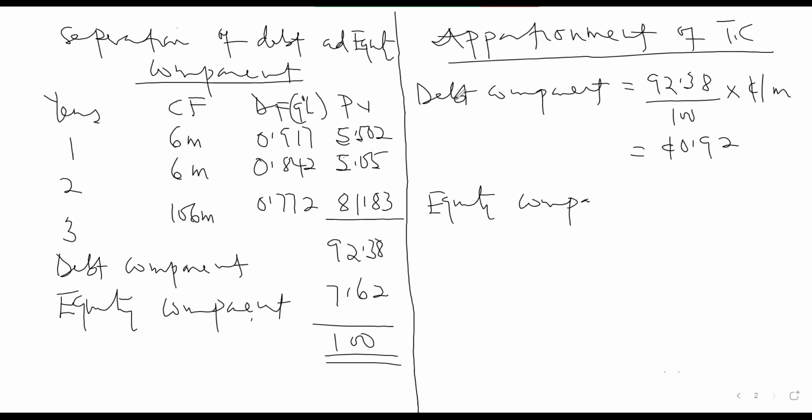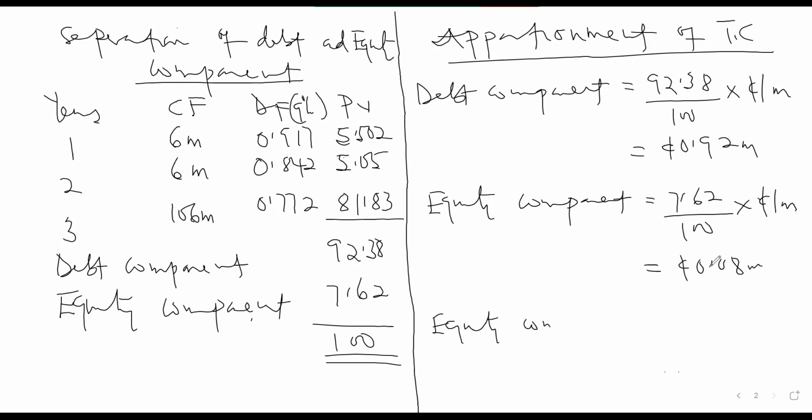The equity component will be 7.62 divided by 100 times 1 million. That will give us 0.08. They are all in million. Okay, so the equity component will go to other component of equity.